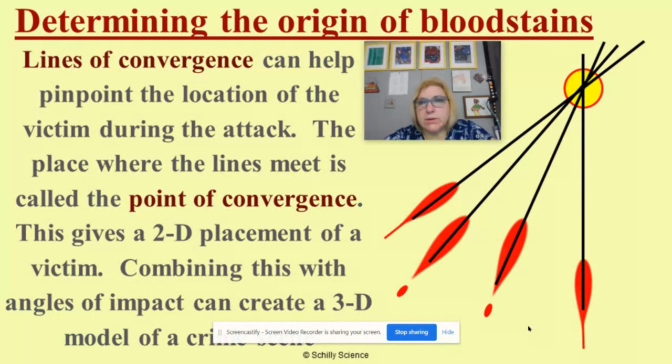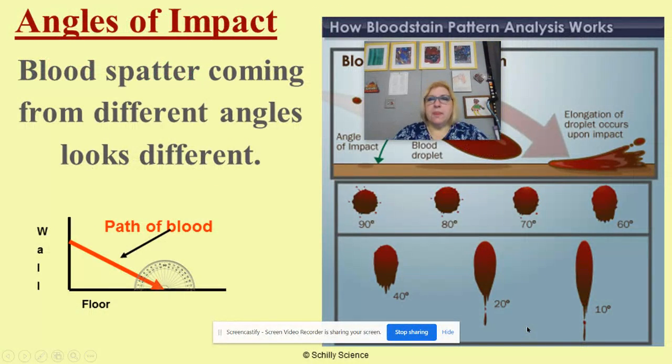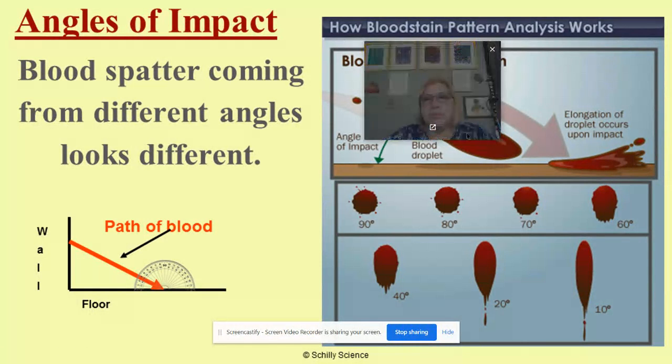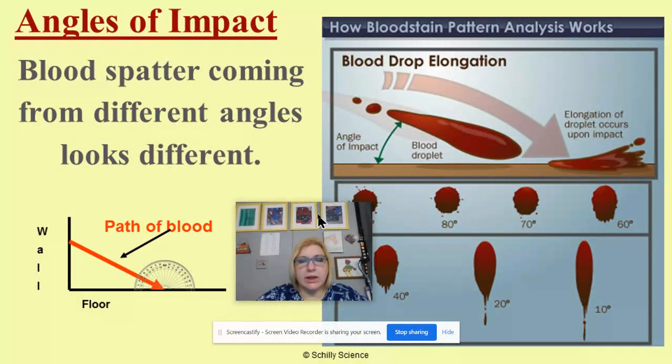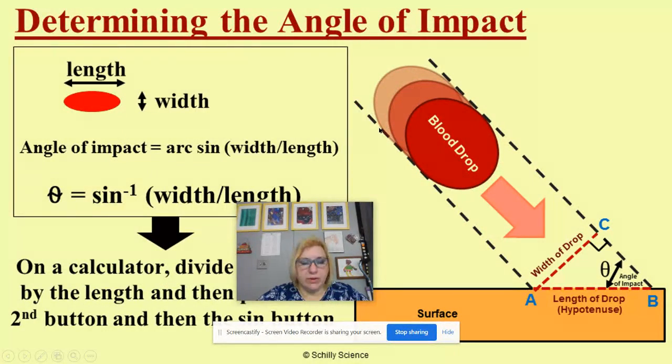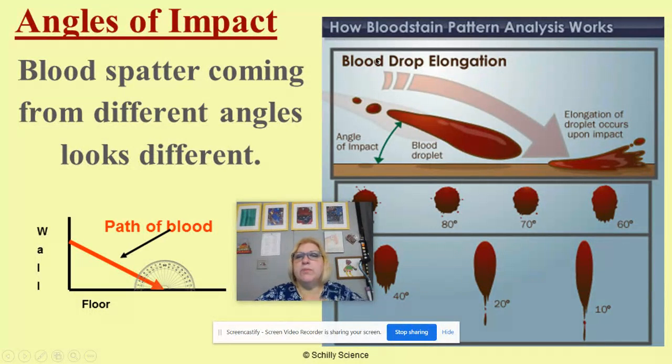Okay, moving on. The angle of impact is an interesting thing to do. I'll have you doing that on the electronic version, but we're trying to figure out, depending on where the person was, whether they were standing or sitting. You can figure all of that out by looking at the elongation of the blood impact.